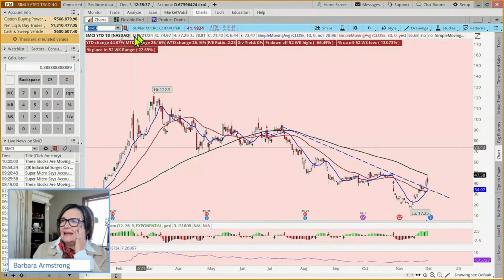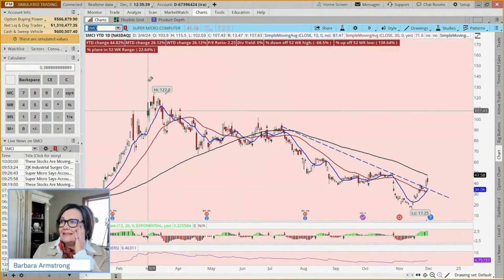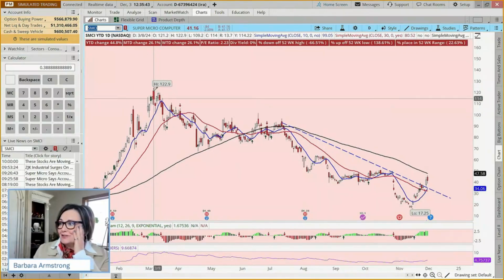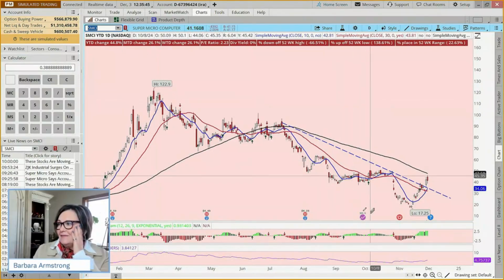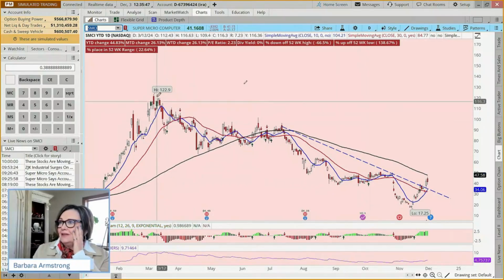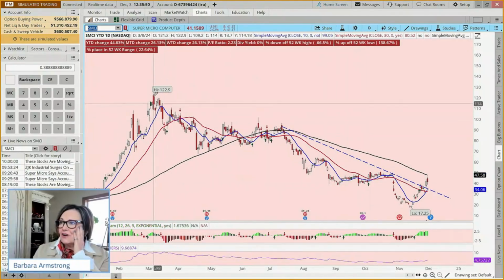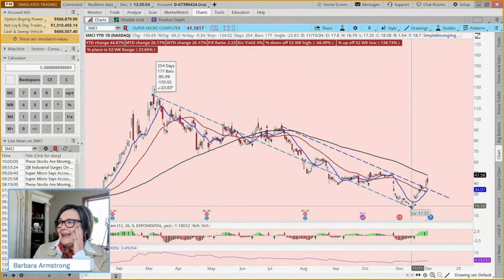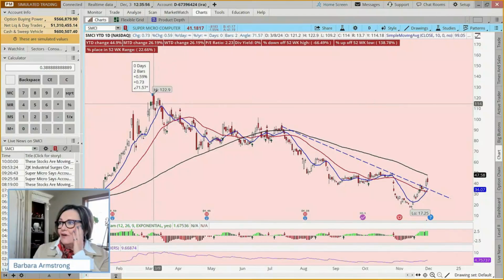Now, here's one that was in a channel. I mean, this thing went to the moon. It's still up, even though it went from $122 a share. Like, this did have a 10-for-1 split. But I mean, you want to talk about a catastrophic fall. Down to 17, that's an 86% fall.